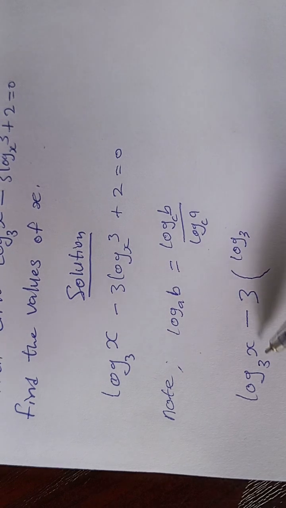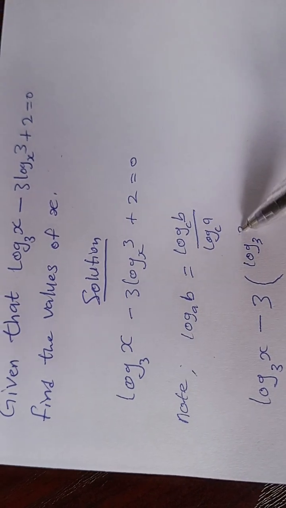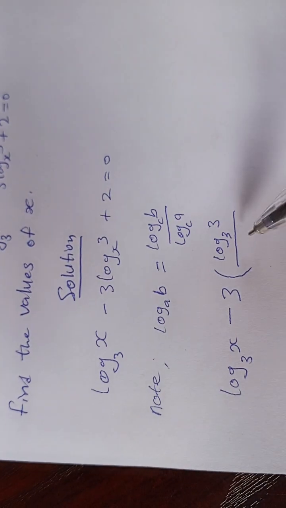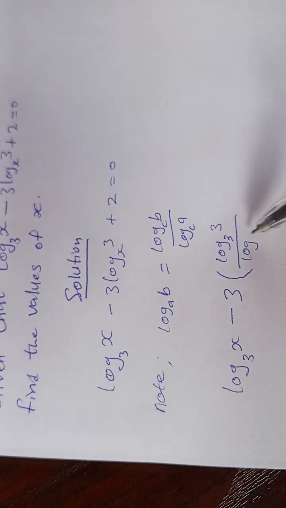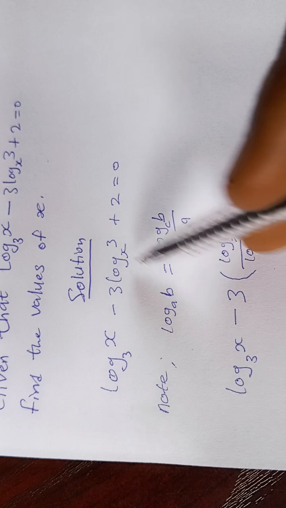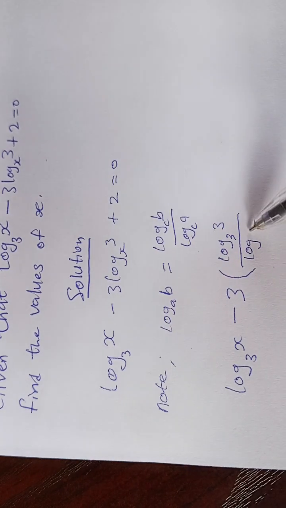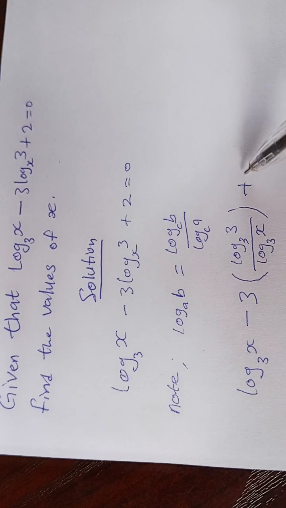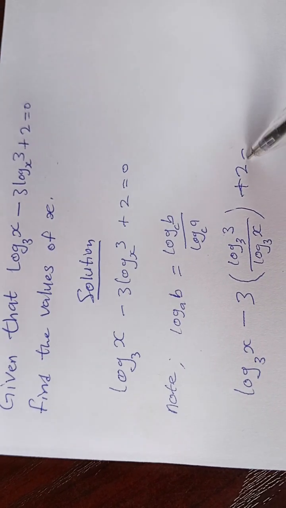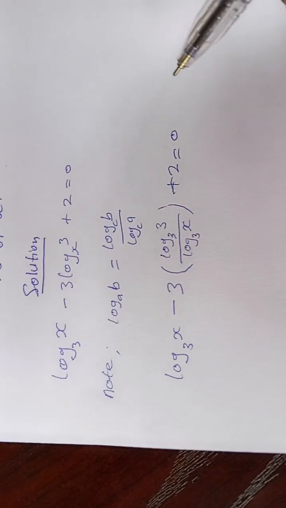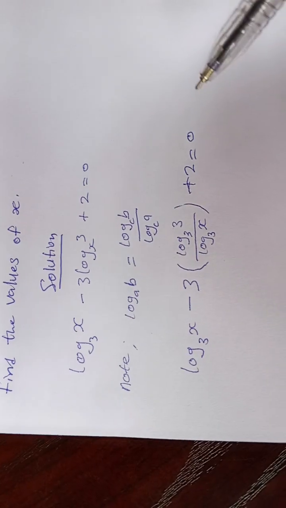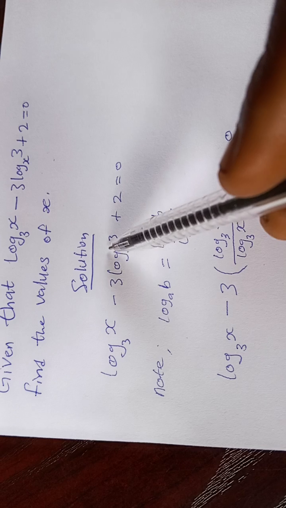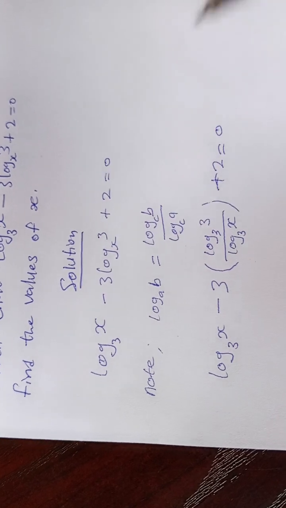So we have log 3 base 3, over log x in base 3, plus 2 equal to 0. Note we are just applying this law to break this down.